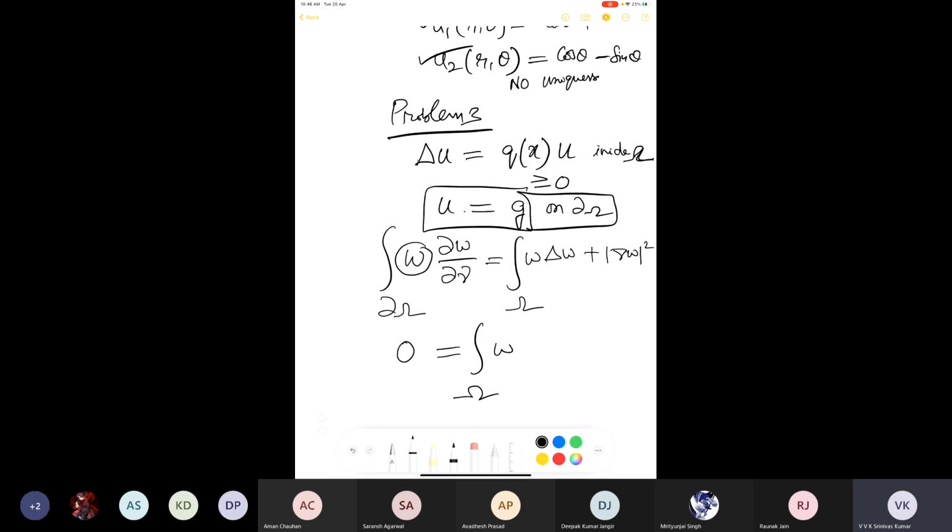And what is Laplacian of w? Laplacian of u1 is q(x) u1, and similarly Laplacian of u2 is q(x) u2, so the difference Laplacian of w is q(x) times w. So this is the integral of w squared q(x) plus gradient of w squared, and this has to be 0.